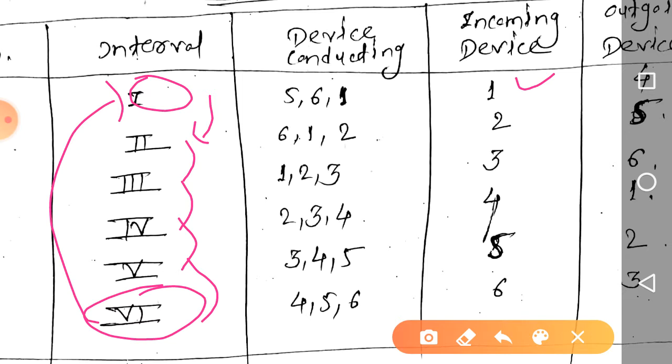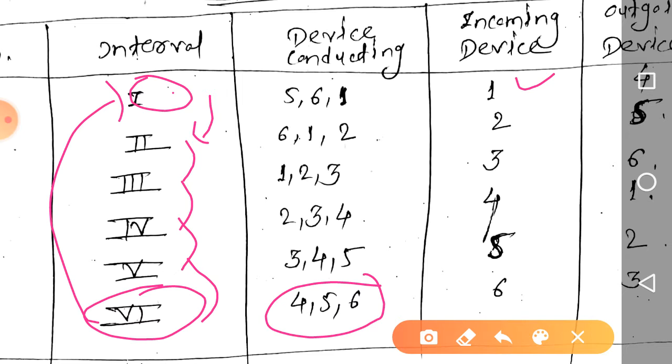Each interval is of 60 degrees, so 60 times 6 is a total of 360 degrees, which is one complete cycle. Next, before the first interval, which three switches will be in the on state? S4, S5, S6.